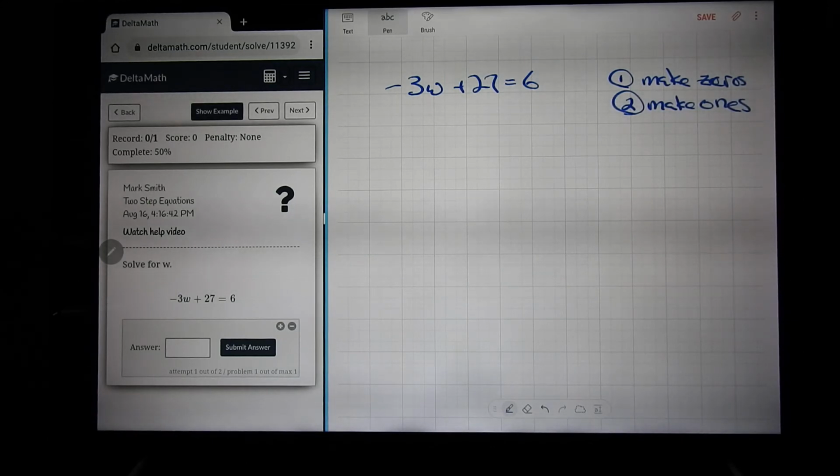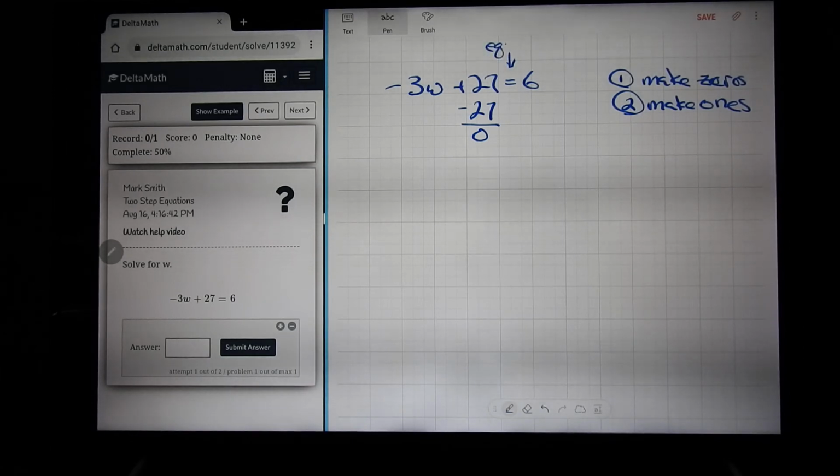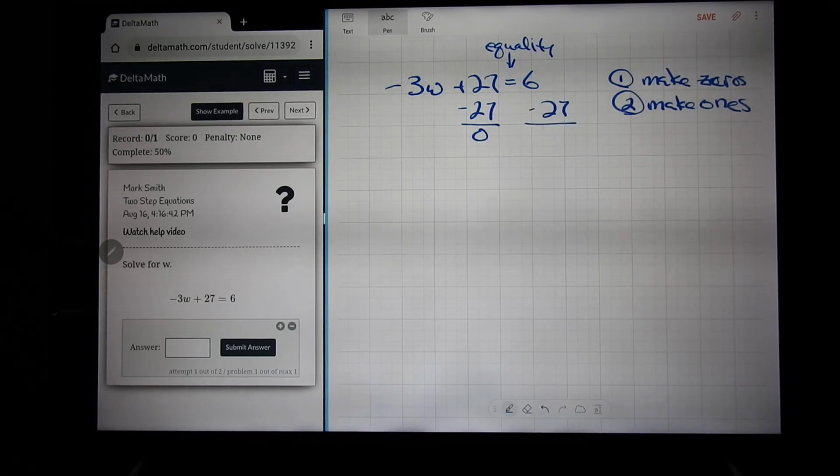What can we make to a 0? Well, there we go. We can make 27 into a 0 by subtracting 27. That's a 0. Don't forget about our part. This is an equality, so to make it equal, we have to do the same on both sides. And so over here we have 6 minus 27, and that equals a negative 21.